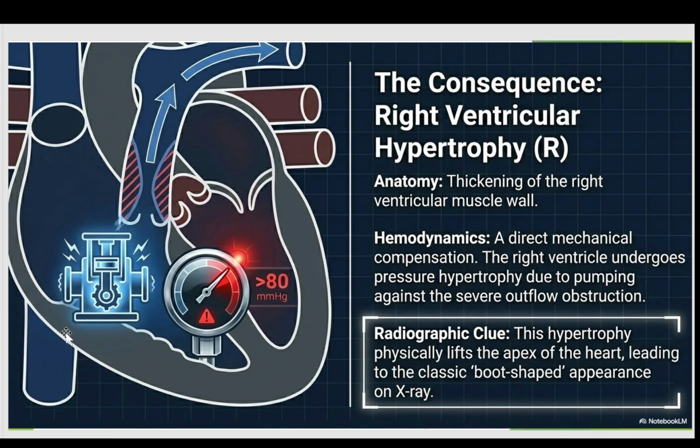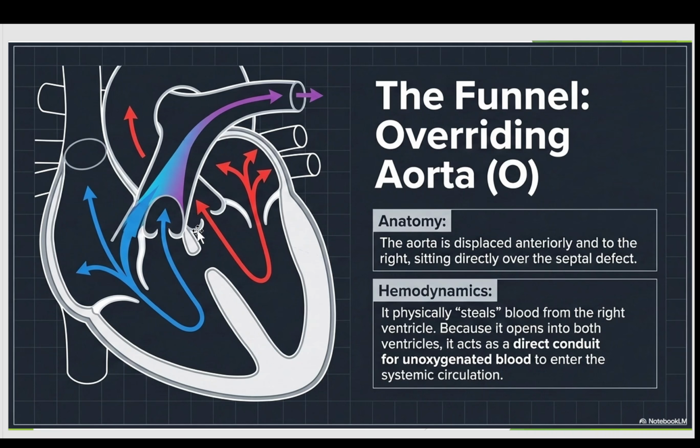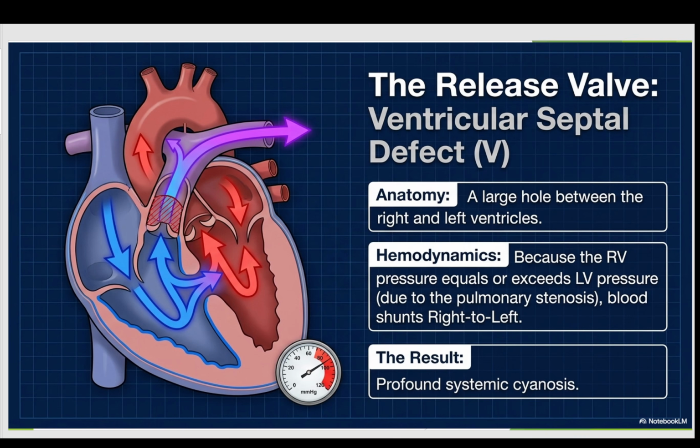The overriding of aorta adds to the problem, as the septal part of the aortic base projects into the right ventricle, so some of the blood goes directly into the aorta also. The ventricular septal defect actually acts as a pressure release valve for the right ventricle, and whenever there is a problem with the right ventricular septum, the shunting causes profound cyanosis.